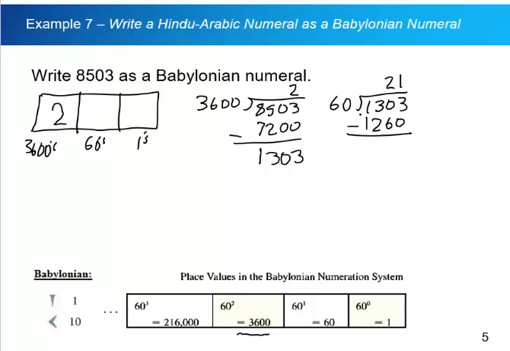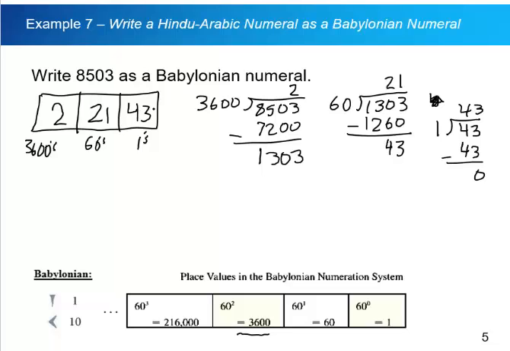Subtract off. And we have remainder 43. So how many 60s do we need? 21. And then finally, for completion's sake, I want to know how many 1s go into 43, which is of course 43, with remainder 0.